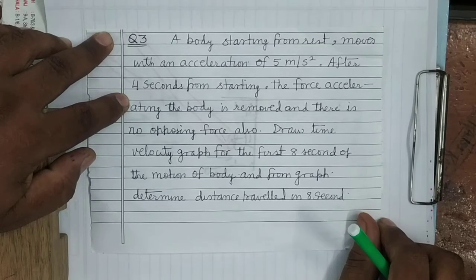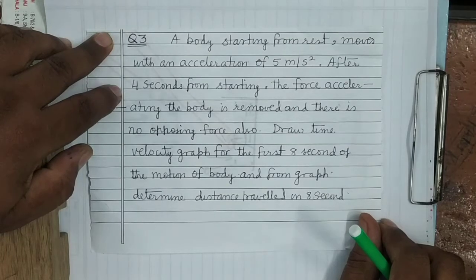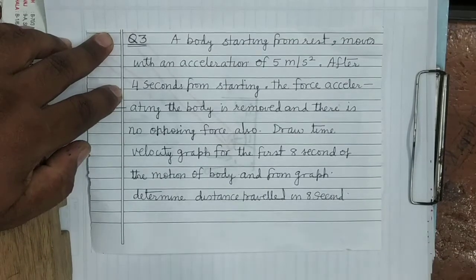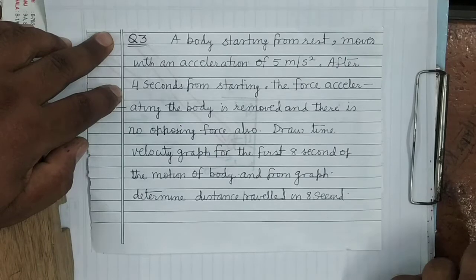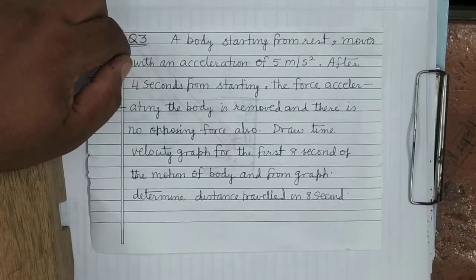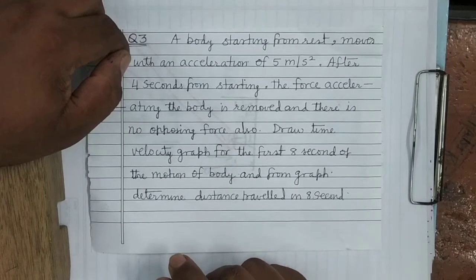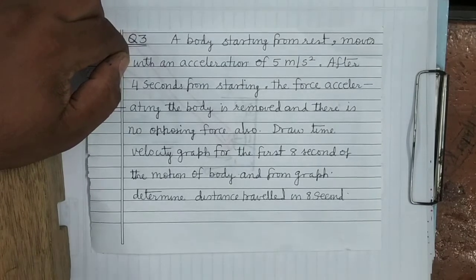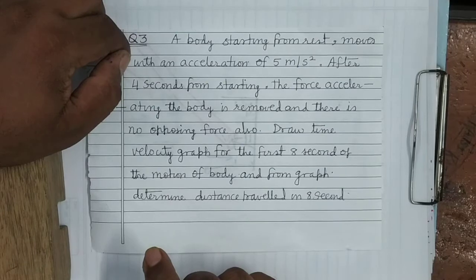After 4 seconds from starting, the force accelerating the body is removed. When you remove the force, it will not accelerate. Suppose after 4 seconds it has achieved the velocity of 20 meter per second.